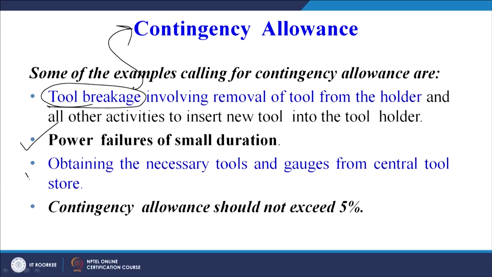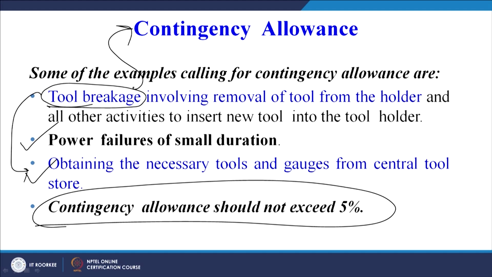You cannot schedule tool breakage, it can happen anytime. Power failures for small duration, which are irregular, infrequent. Obtaining the necessary tools and gauges from the central store, maybe after the tool breakage. Contingency allowance should not exceed 5%. That is also important.